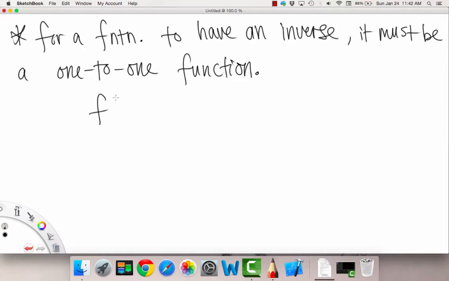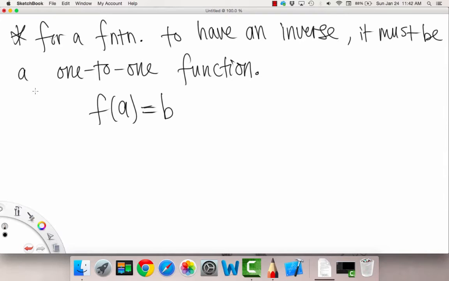Just a refresher: a function means that for every one input, you only have one output, right? And 1-to-1 additionally means that for every output, you can only trace it back to one singular or unique input, okay?